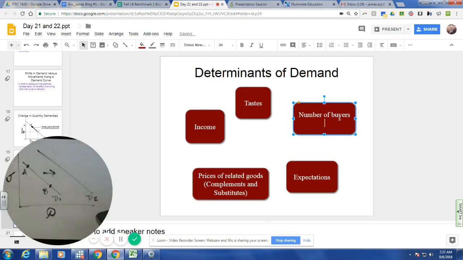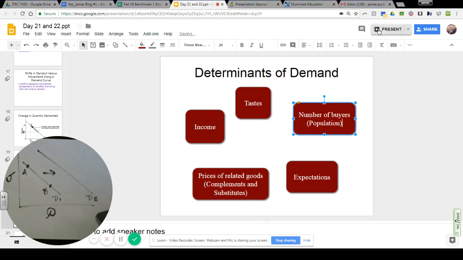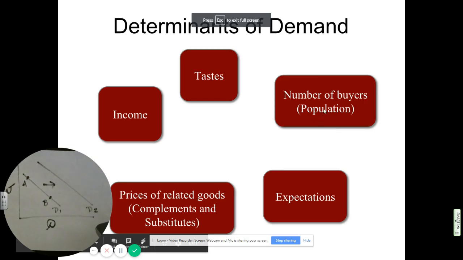We would say population here. So our population, our tastes and preferences, our income, and our complements. You can remember the word SEPTIC, S-E-P-T-I-C. If you can remember that, that makes your life a little bit easier to be able to remember these.